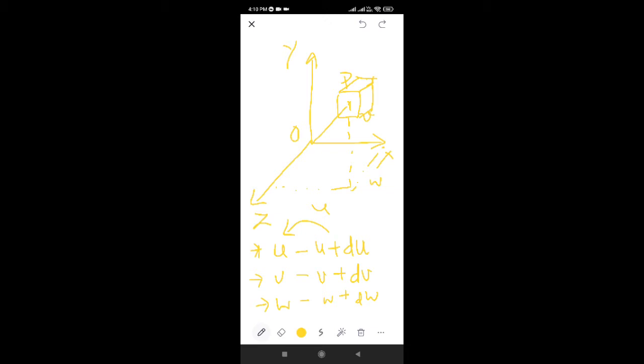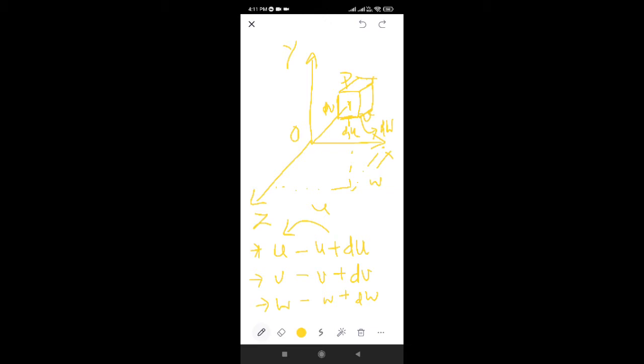The side which is parallel to the x-axis is du. The line which is parallel to the y-axis is dv. The line which is parallel to the z-axis is dw. Now we are taking a molecule which is inside a box whose side lengths are du, dv, and dw.